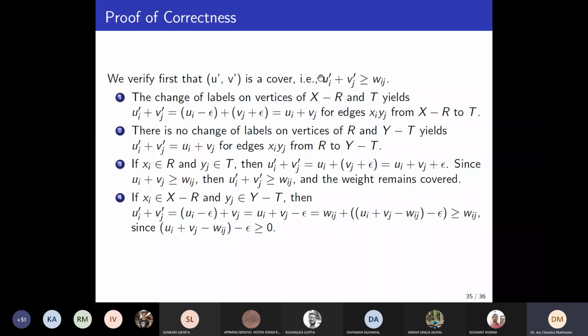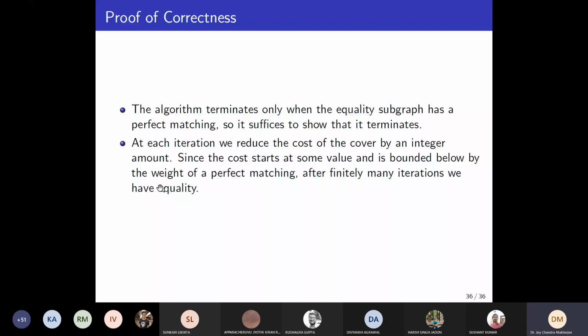That is something we have proven here. Valid cover means ui plus vj is greater than or equal to wij in the earlier iteration. In the new iteration also, ui prime plus vj prime, the new values, are also greater than or equal to wij. And last, we have to prove that the algorithm must terminate, and it terminates when the equality subgraph has a perfect matching. Now at each iteration, we reduce the cost of the cover by an integer amount.